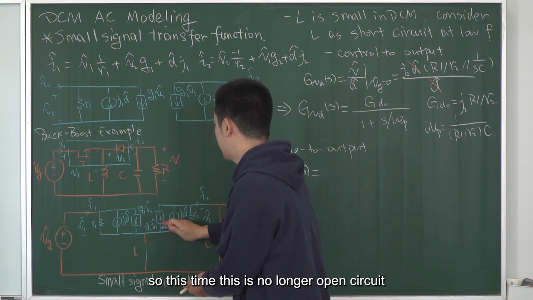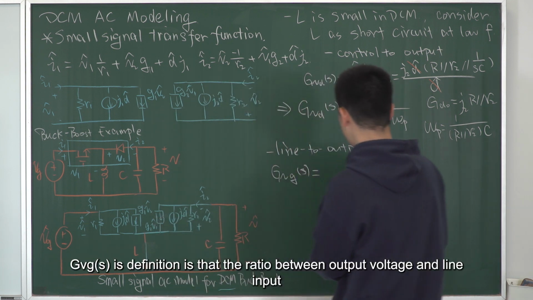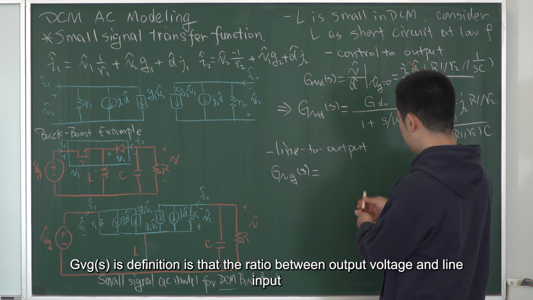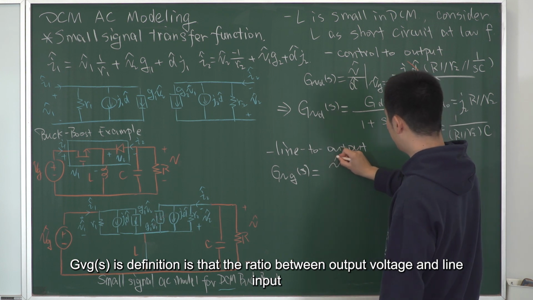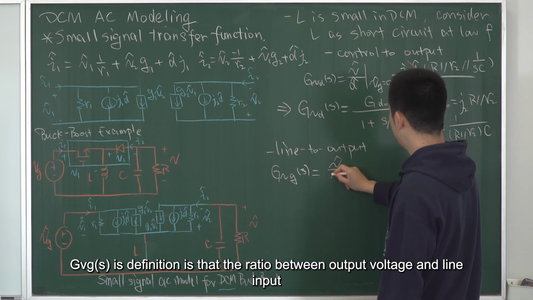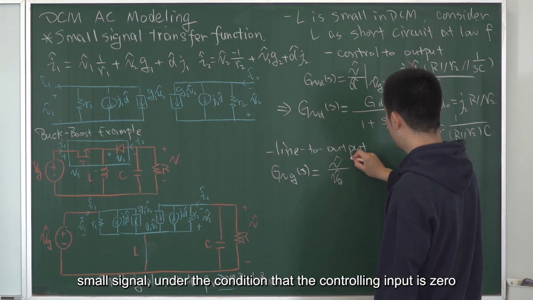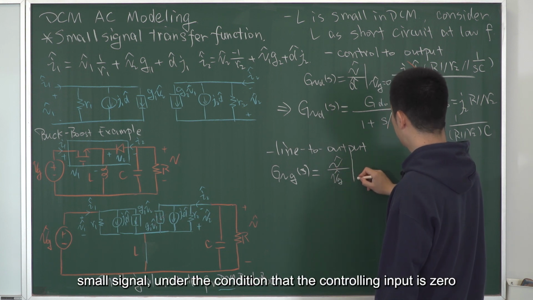This time, this is no longer an open circuit. GVG, by its definition, is the ratio between the output voltage and the line input, small signal, under the condition that the controlling input is 0.